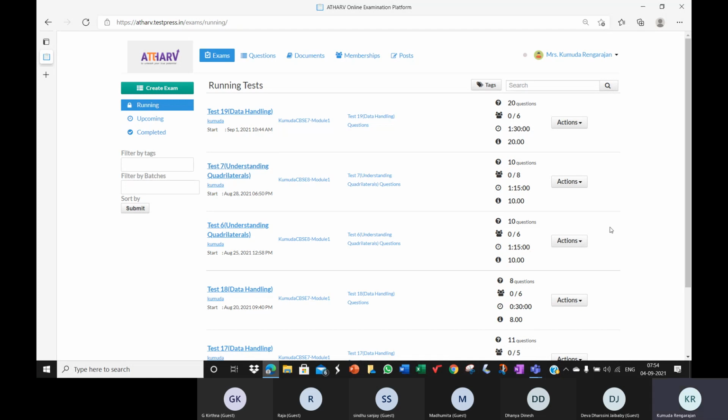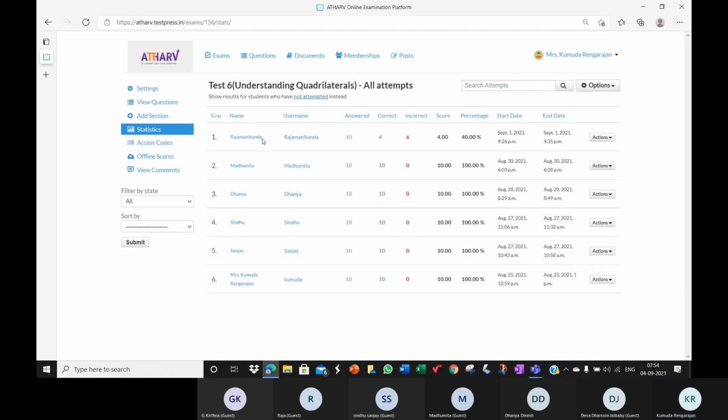Yeah, it's finished. Test 6, understanding quadrilaterals. Raja, Madhumita, Danya, Sindhu, and Sanjay have completed it. What about the others? Kirtana.